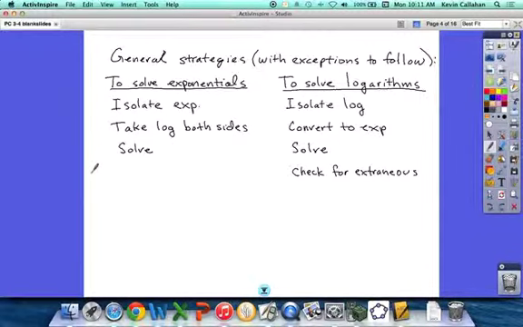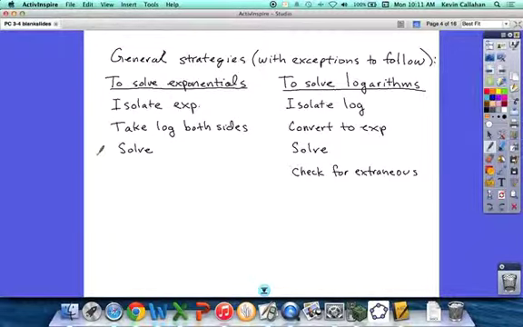For exponentials, once you've isolated the exponential, you take logarithms of both sides. Because this is finding the composition of a function and its inverse, there's going to be some cancellation that goes on there. Now, it's similar for logarithms. You could say take exponentials of both sides.